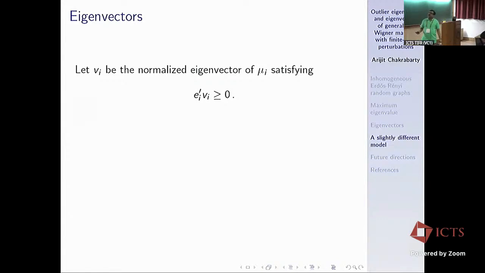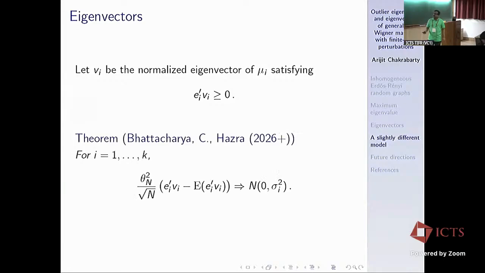So let V_i be the normalized eigenvector of mu_i. So mu_i is the ith largest eigenvalue of A_n, and V_i is the corresponding eigenvector. And just to get the sign right, we assume e_i prime V_i is greater than or equal to 0, because you can have it with a negative sign as well; this is only to fix the sign. The result is that e_i prime V_i minus its expectation, with this particular scaling, has a normal limit with 0 mean.